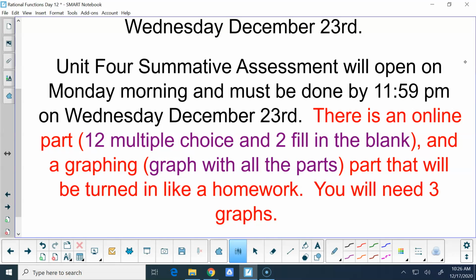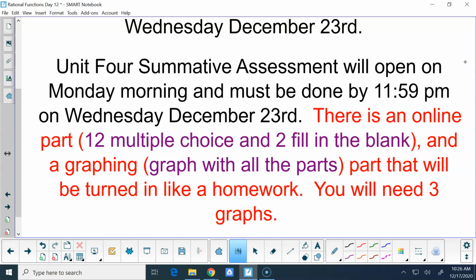It's going to come in 2 parts. The first part is going to be an online 14 question. Actually, I lied. It's actually 15 questions. I think it's 15 because one of the questions is the graphs, which we'll talk about here. But you don't really have to answer that one.